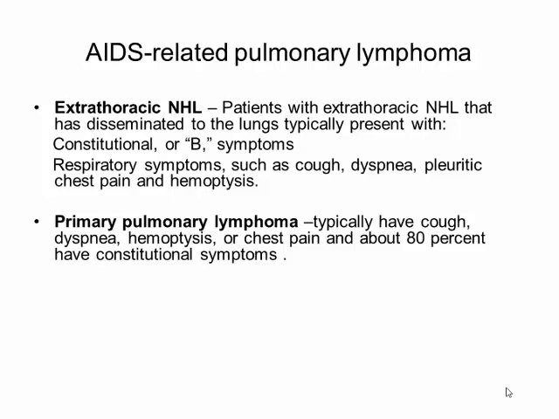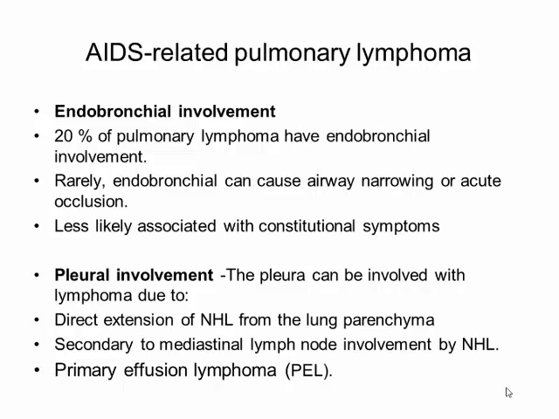About 80% have those, so you can see this is less likely to have B symptoms, but I don't know if this is specific enough. The endobronchial involvement is 20% of pulmonary lymphoma. So this is kind of a high number. If you have a patient with lung involvement, 1/5 of them will have an endobronchial lesion.